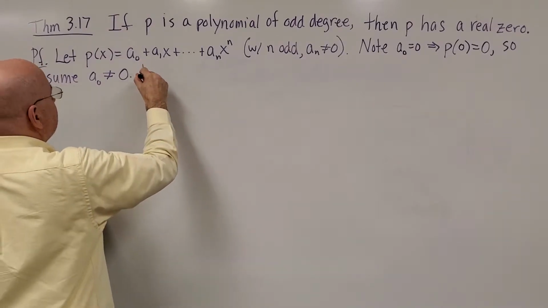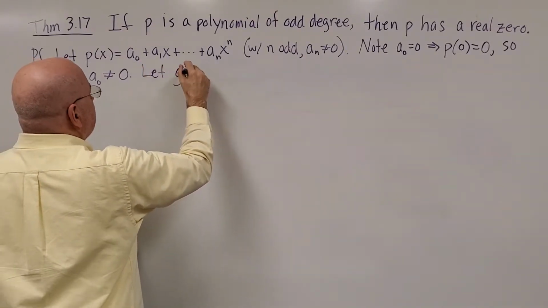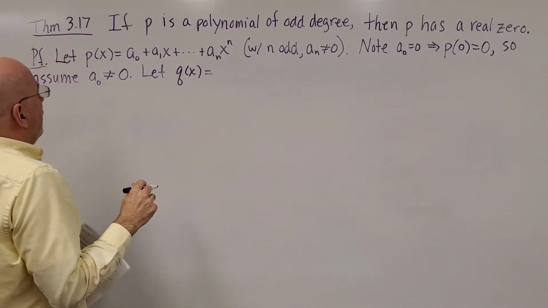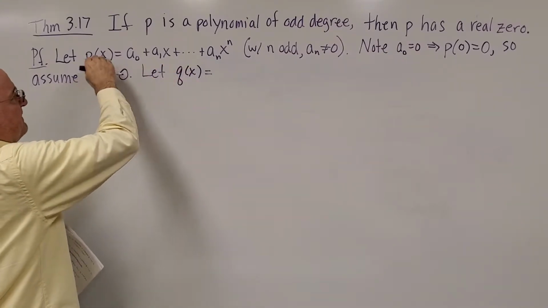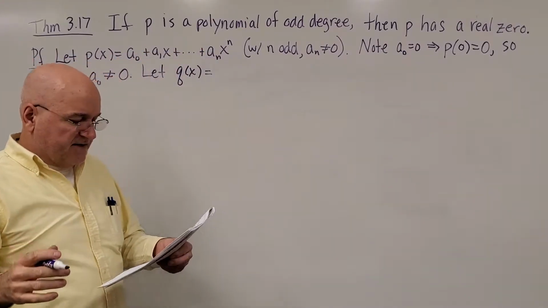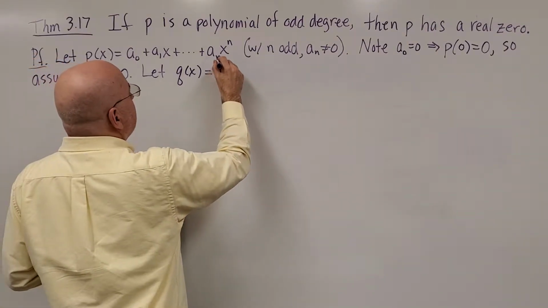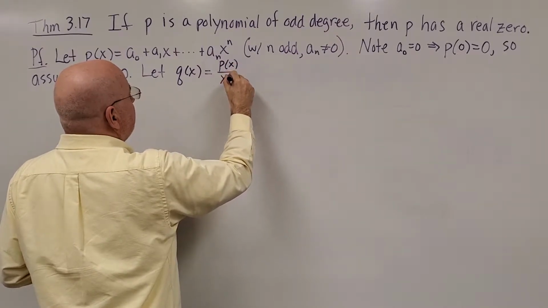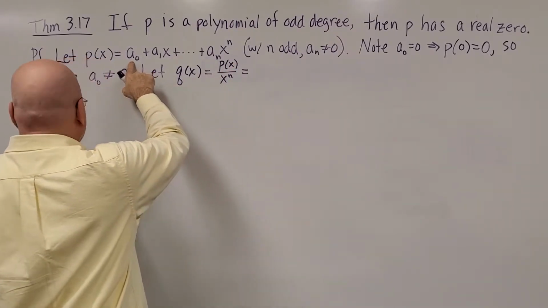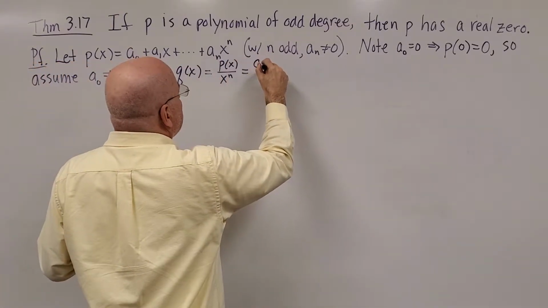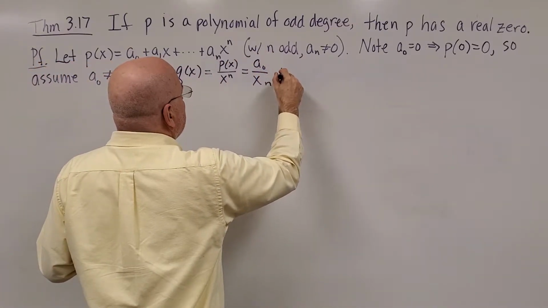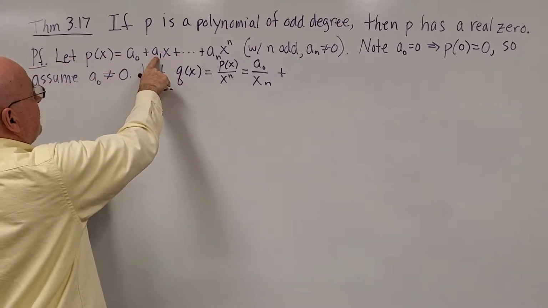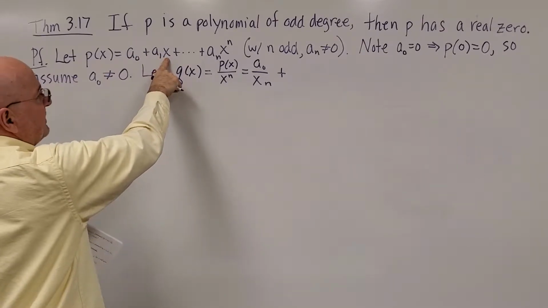All right, let's let a new polynomial, q of x, equal what we get if we take p of x and divide every term by x to the n power. So I could say p of x over x to the n, which would be what? a0 over x to the n plus, well, when I divide by x to the n, I'm only going to get x to the n minus 1 on the bottom because I have an x on top here.